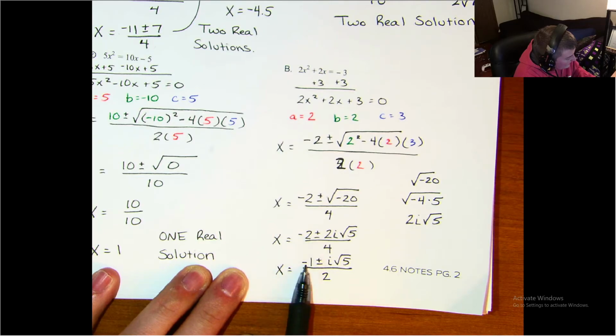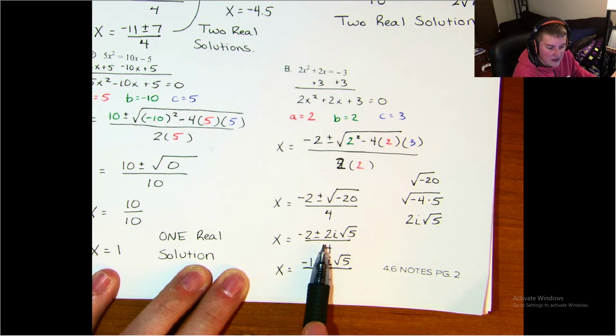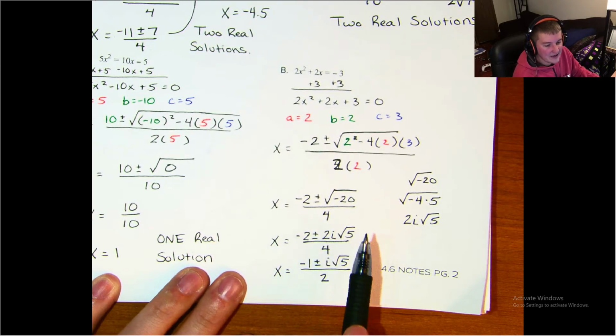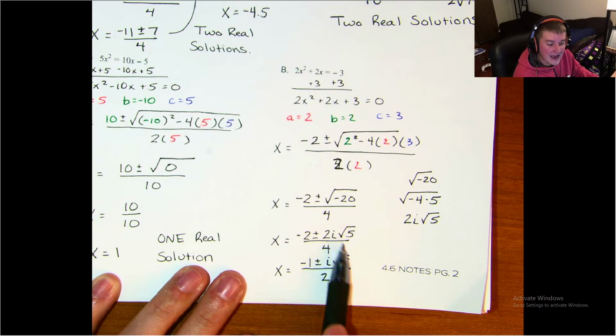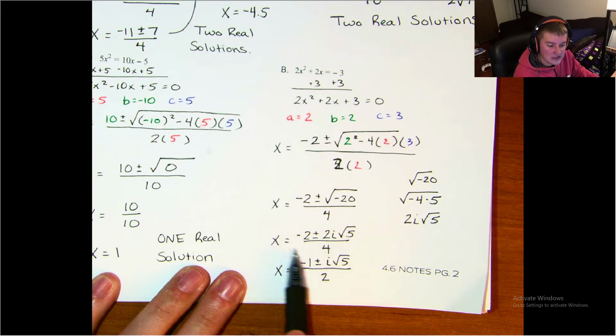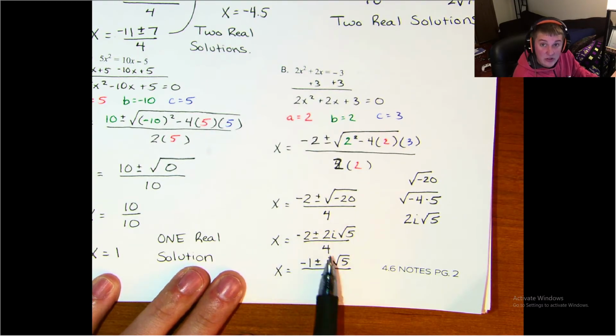Negative 2 divided by 2 is negative 1. 2i times the square root of 5 divided by 2 is i square root of 5. And 4 divided by 2 is 2. So they all simplify down. Okay, in my class, I have a hard time believing that I would not give you full credit if you were able to get to this. But technically, this would be the most simplified version.